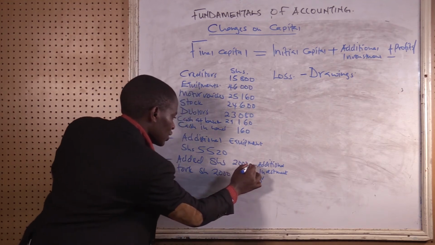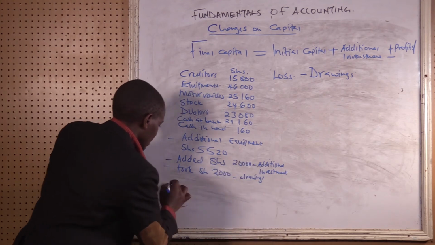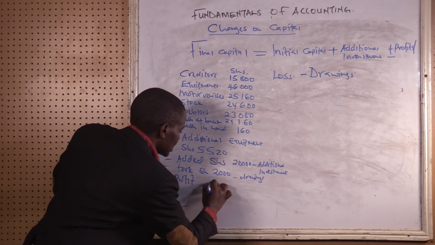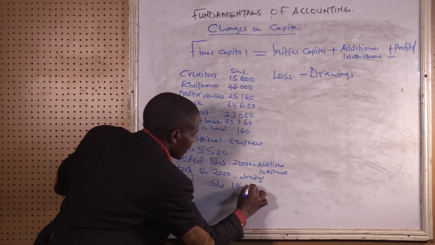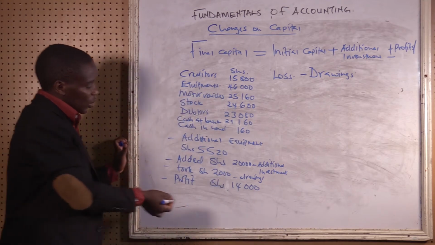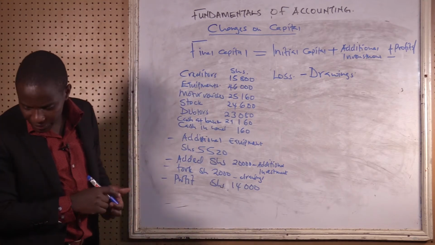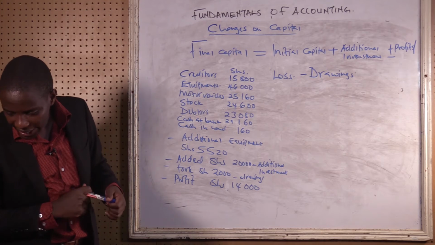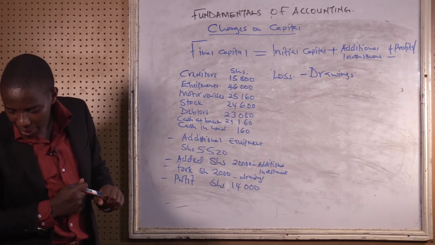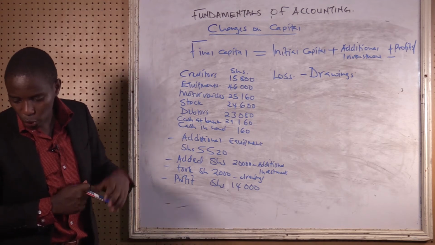The profit for the business is shillings 14,000.